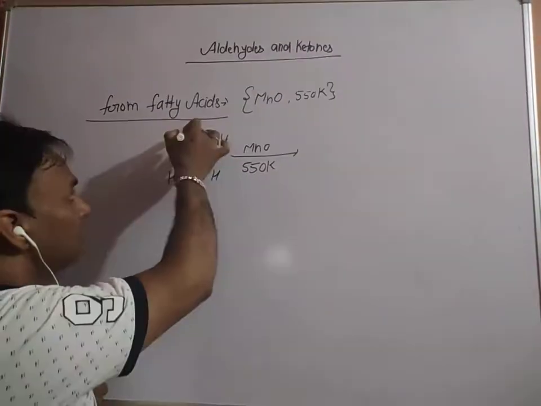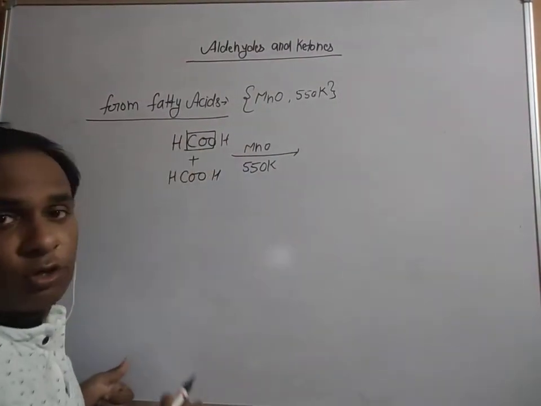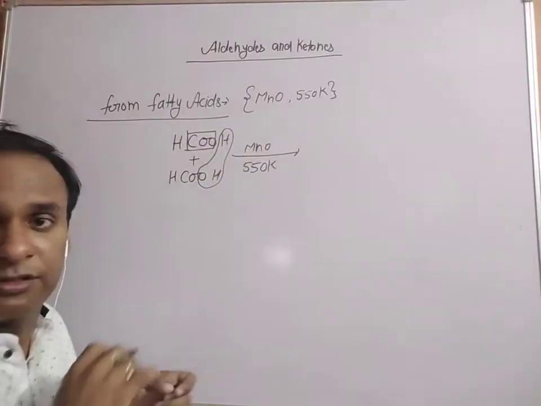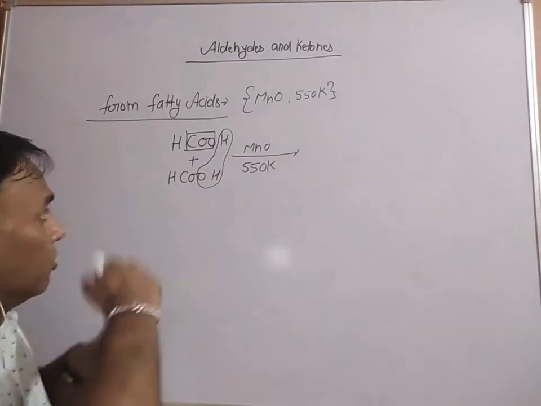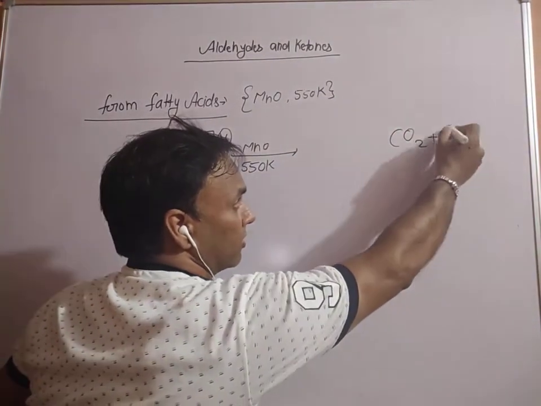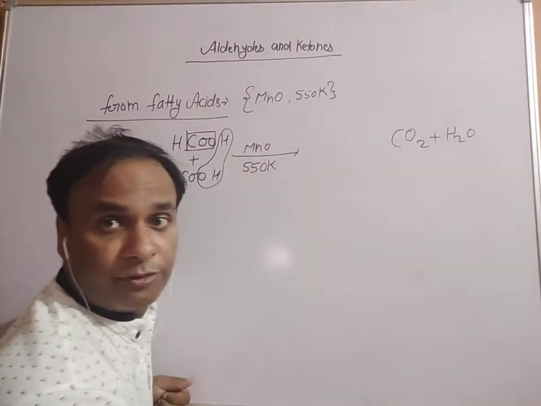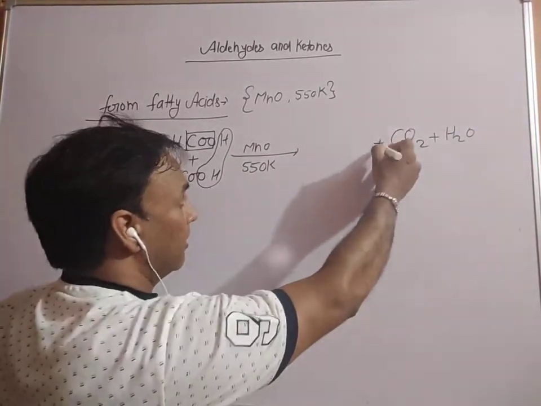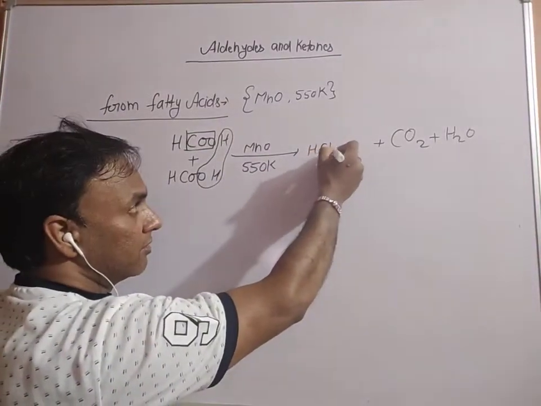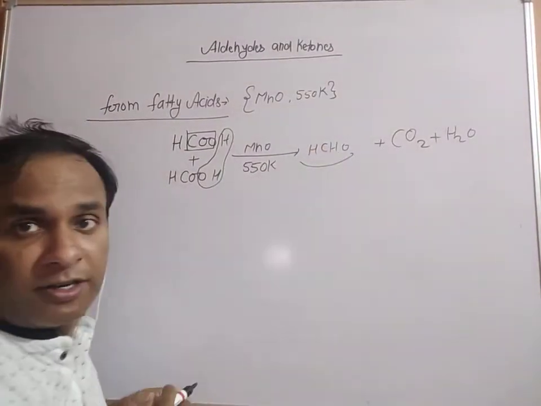Clear? So carbon dioxide and water are removed as byproducts, and HCHO, meaning formaldehyde, is obtained.